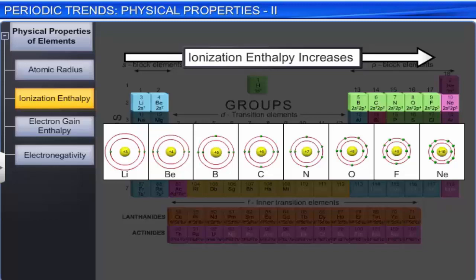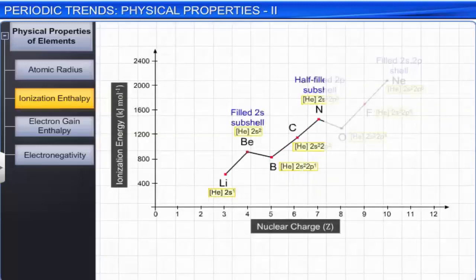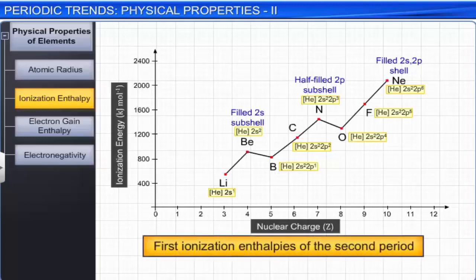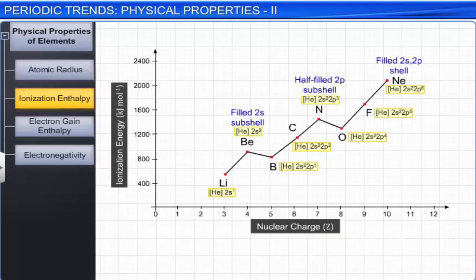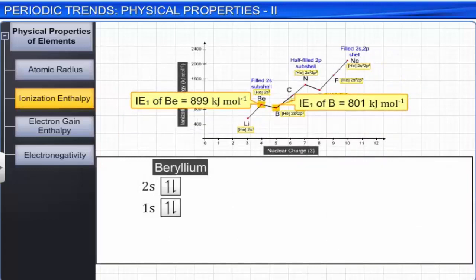To illustrate this, let's consider the first ionization enthalpies of the second period. The first ionization enthalpy of boron is slightly less than that of beryllium, even though the former has a greater nuclear charge. This happens because in the case of beryllium, the 2s orbital is completely filled and moreover, the electrons are present in the more penetrating s orbital.